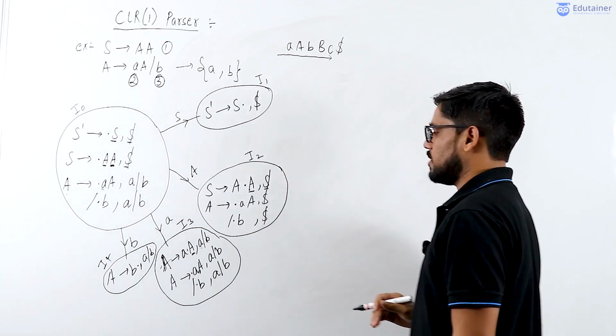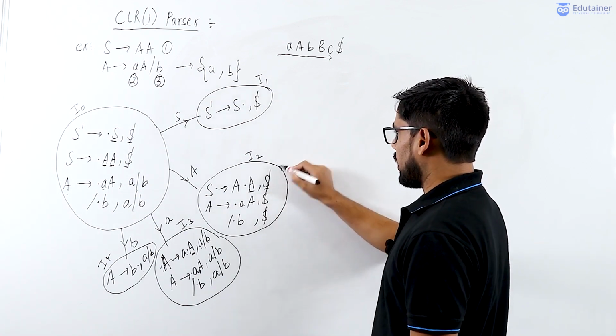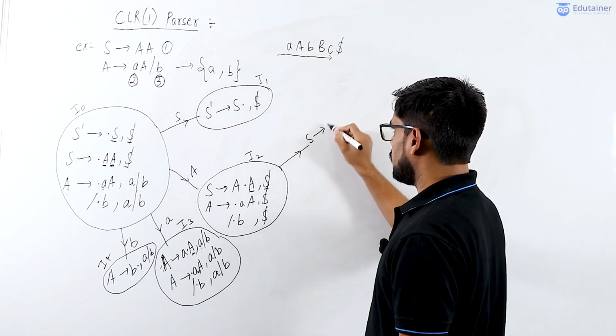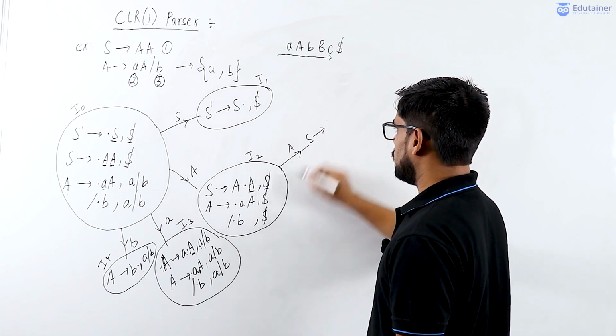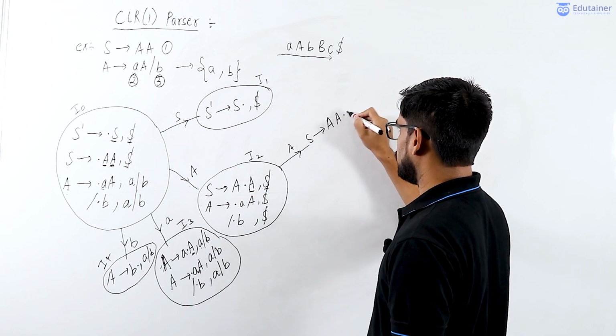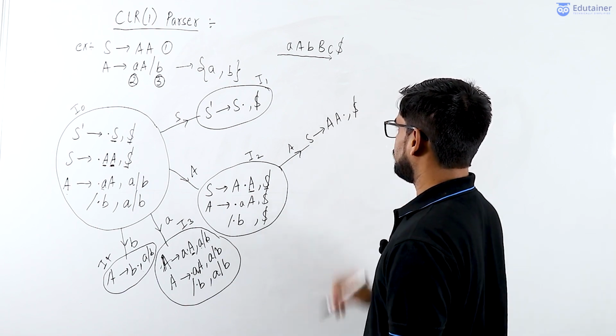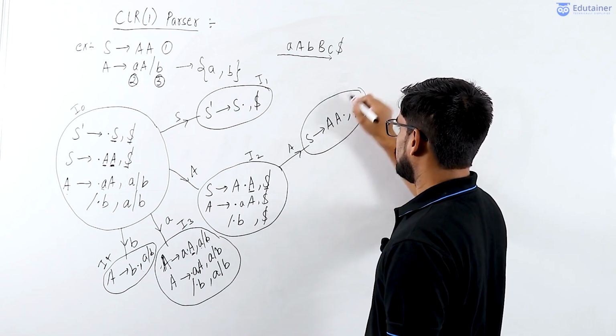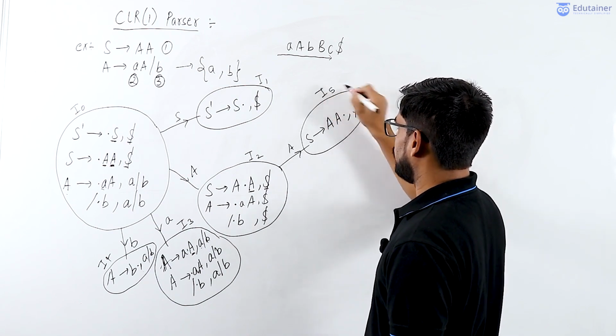Let's discuss state number I2. On capital A, it goes to a state S derives A dot and dollar, and it is state number I5.